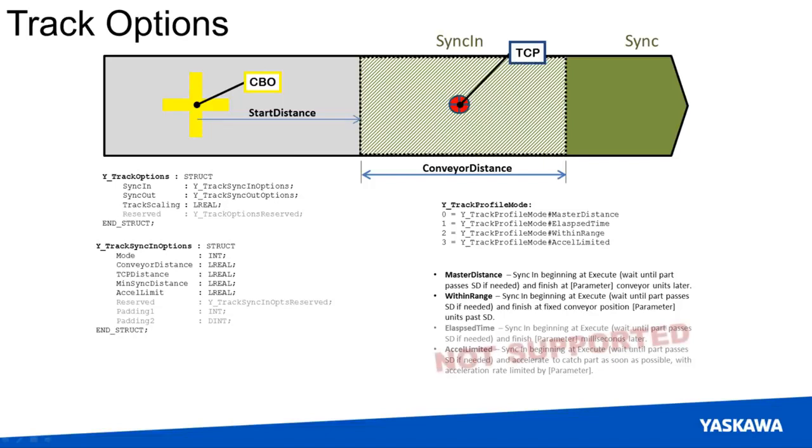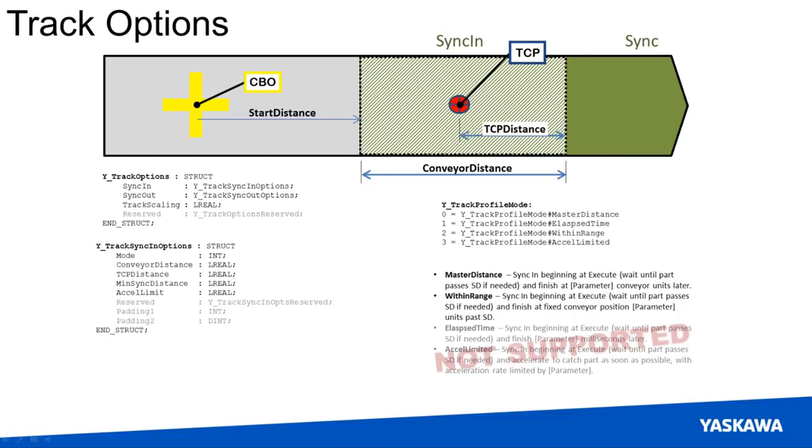So now I've added something to our little picture at the top, and that is the TCP. Take a couple seconds and see if you can remind yourself what TCP stands for. It stands for Tool Center Point. So this basically is showing where the tool is when we begin this track conveyor belt execution.